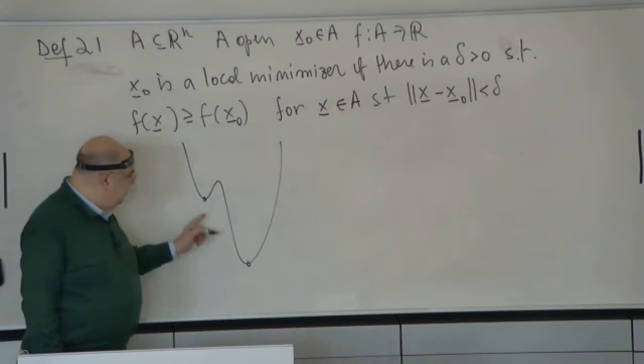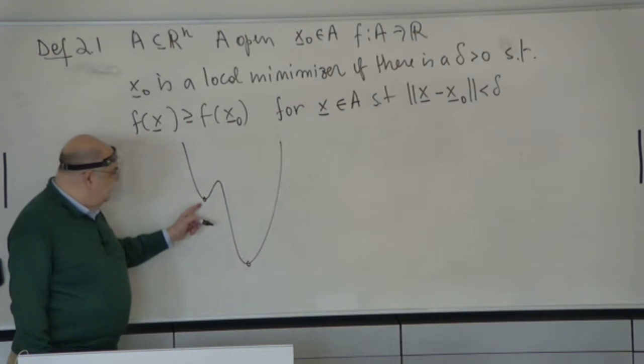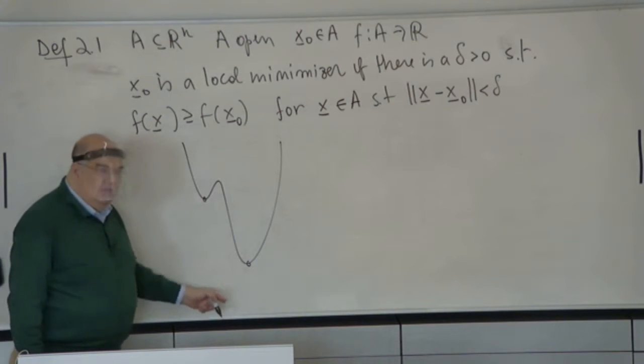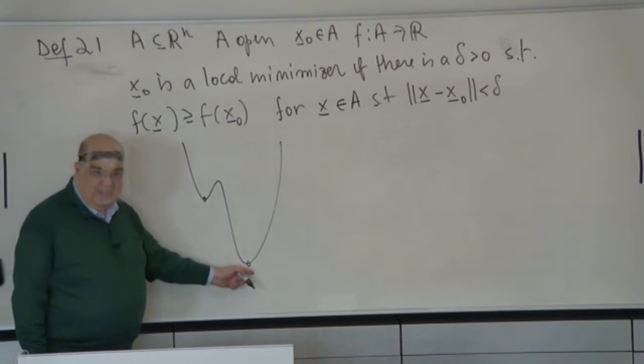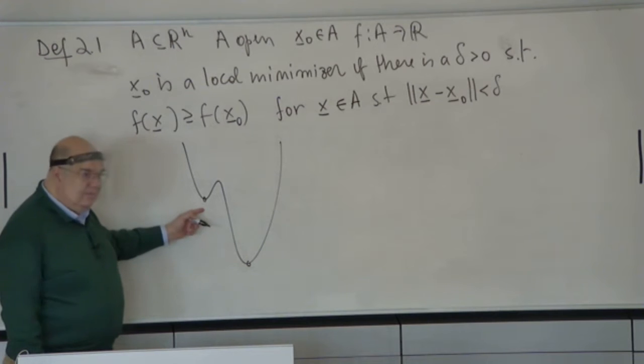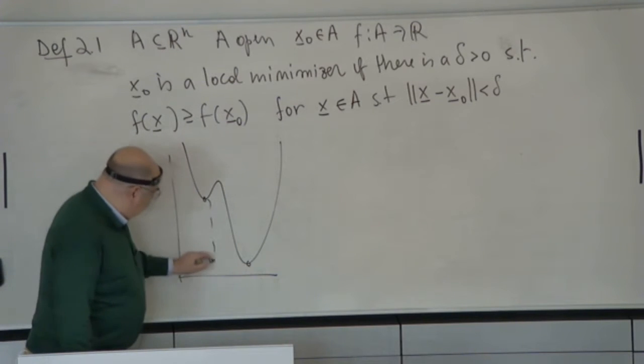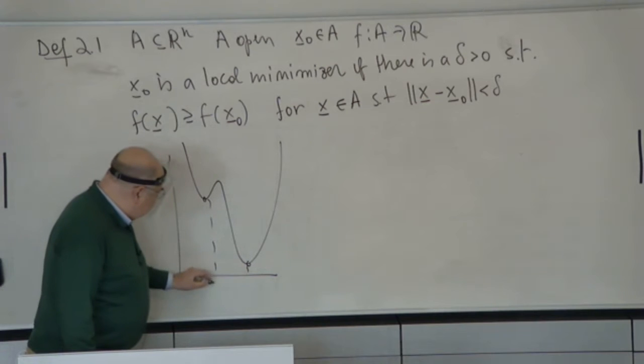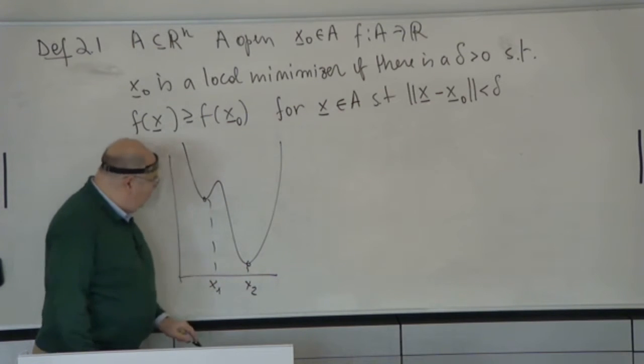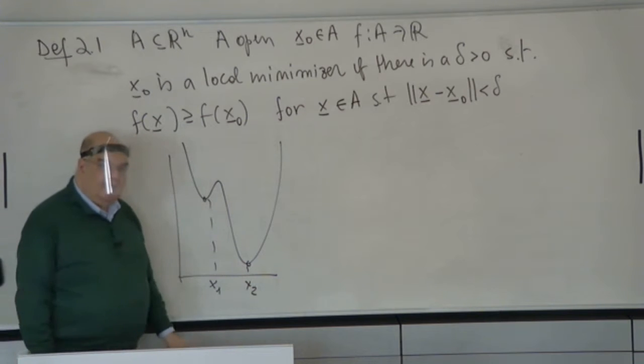Depending on the difference of the values between this and this, you might be interested in finding this number and not this one. Okay, so that is the idea. Of course, I'm talking about the x's. So this is x1 and x2. Okay, so you're interested in finding x2.